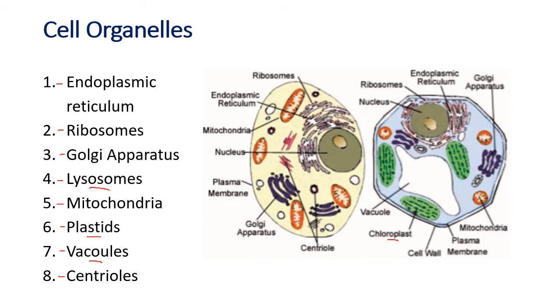The virus is not a living cell. It doesn't have a membrane. It is only genetic information. This virus will enter a living cell, copy its code to the cell, and now the cell turns into a virus. So remember, all these organelles have a double membrane and they all perform different functions.